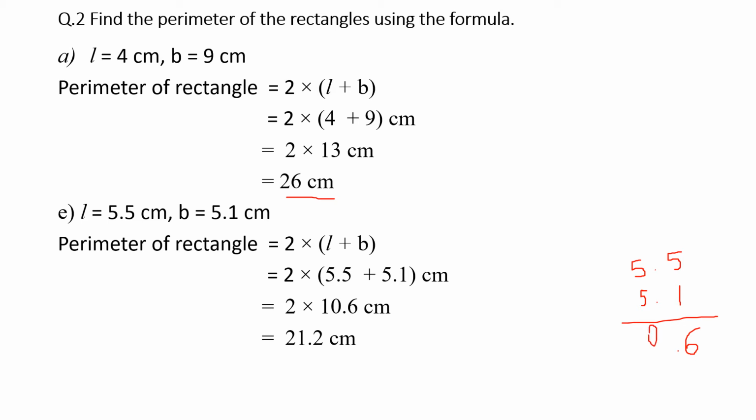And we have to multiply them by 2. So we will get 212, as there is one decimal place. So in my answer also there should be one decimal place. We will multiply in the same manner as we always do, but we will keep the decimal value in our mind and we will put the decimal point.